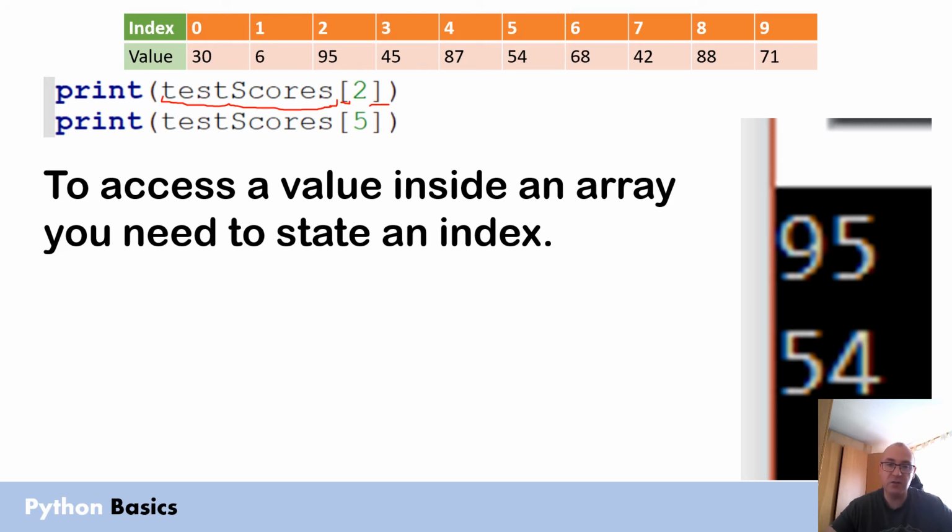The index is always going to be an integer value. In this example, we've got the index of 2, which is referring to this 95, which is why you were getting the number 95 there. Here we've got an index of 5, which is this one over here, which is why we're getting the value of 54. So that's how we can start to access individual items within an array.